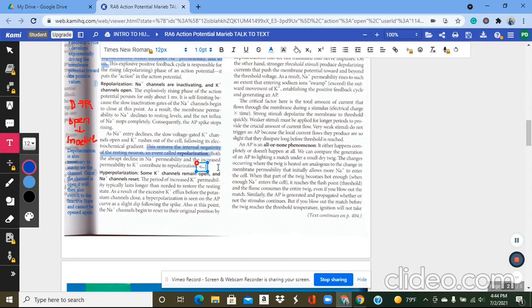So here, after the cell reaches its highest voltage in depolarization.